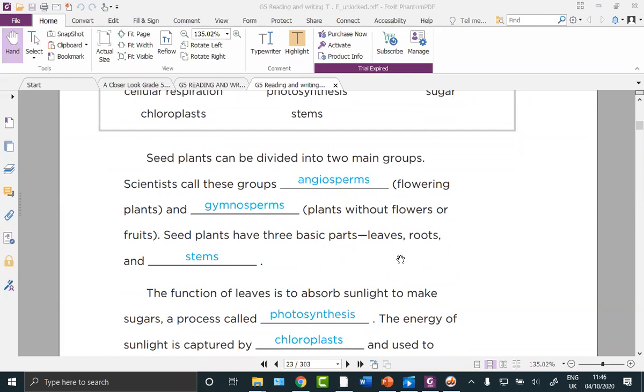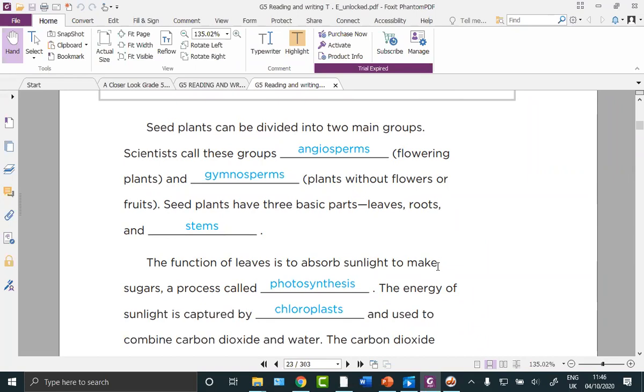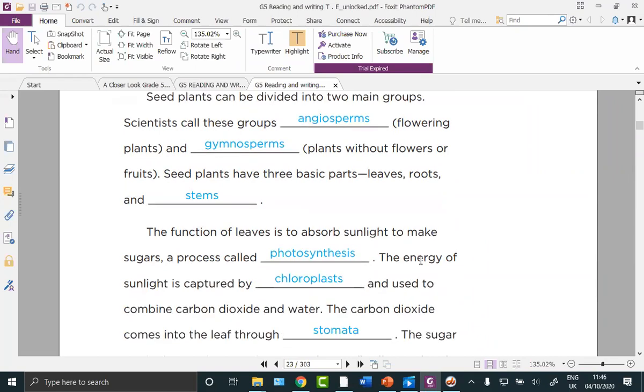And used to combine carbon dioxide and water. The carbon dioxide comes into the leaf through stomata. Yes, stomata, Mister. Okay, thank you. You did well.